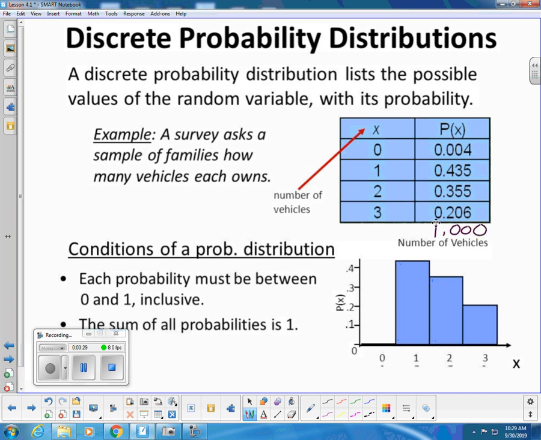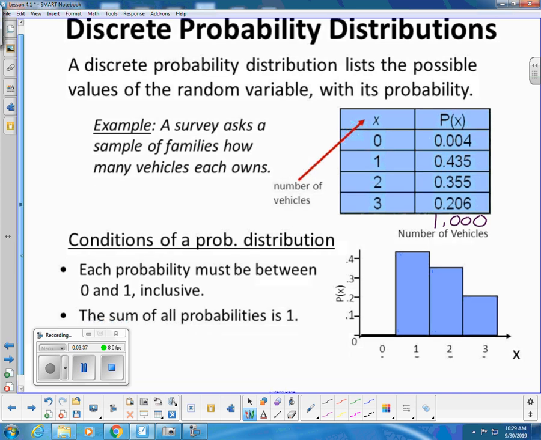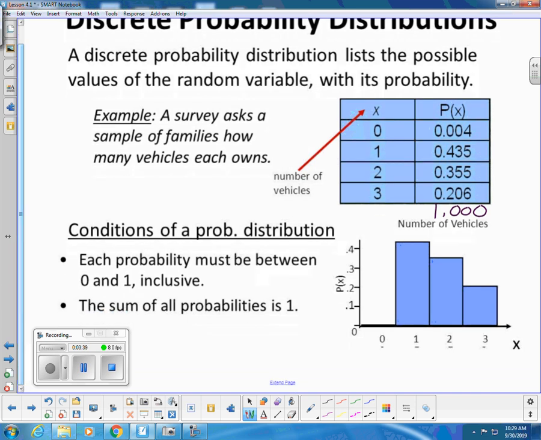There are no negative probabilities, and there are no probabilities over 1. They add up to 1, and you don't have negatives or something higher than 1. Then we're going to be able to put it in a histogram with the probability on the side, or you can call it relative frequency, the same thing. So again, we're going to be able to do this.